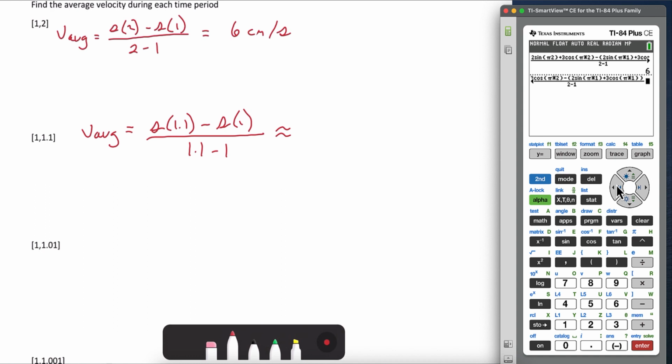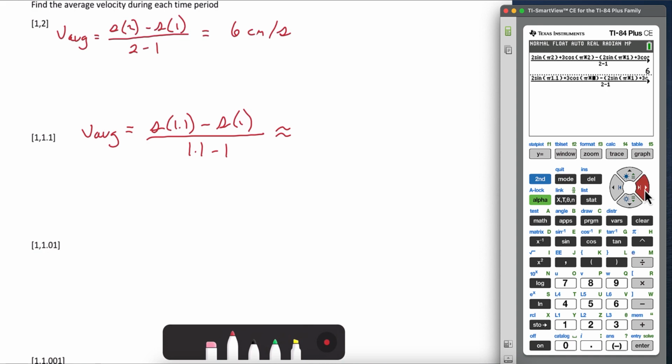And now all I have to do is go in and edit those time intervals. So instead of 2, I'm going to change this 2 to a 1.1. We need to use the insert function to get that decimal and 1 in there.